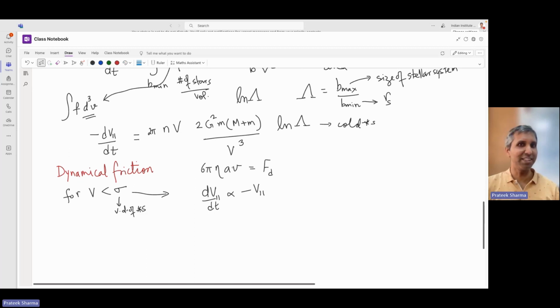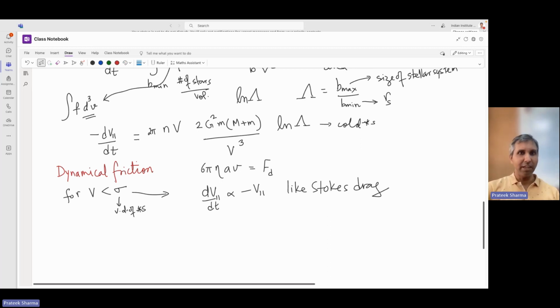So just like the drag force, this is just like a Stokes drag, right? Here we had 1 by V squared. Now here, if the random velocity of stars is larger, then the faster guy experiences more dynamical friction than the slower one, as opposed to the previous case, where if your sigma is much less than V, the fast moving projectile just passes without getting much disrupted.